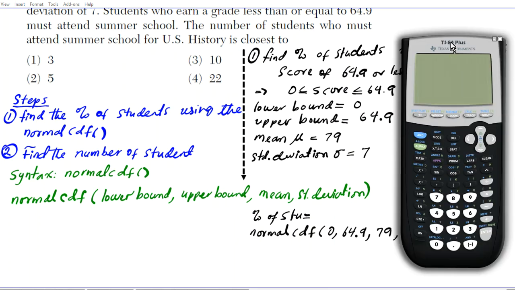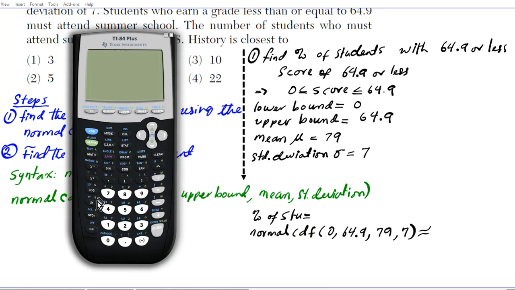Alright, so fire up your calculators. To access the normal cumulative distribution function, you can go to catalog, or you can go to this distribution feature here, accessible by pressing second function variables.